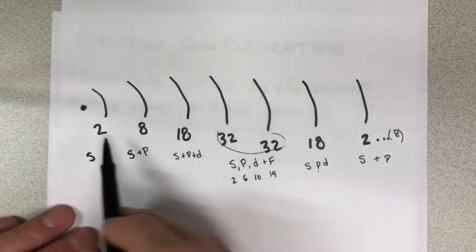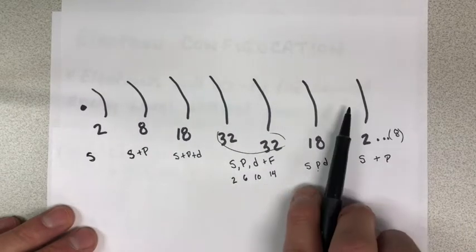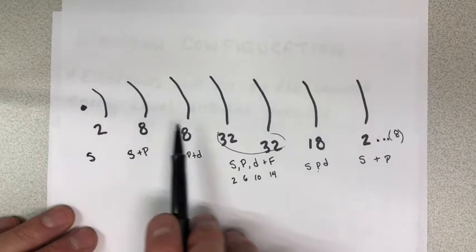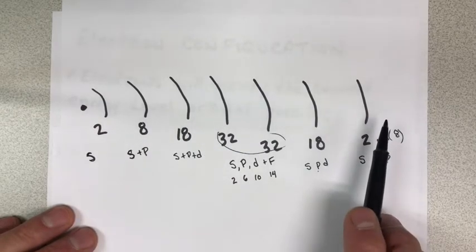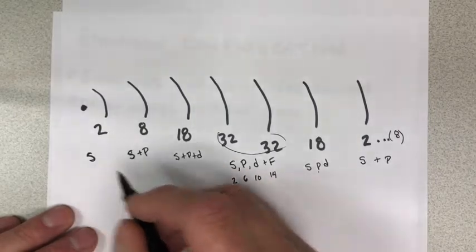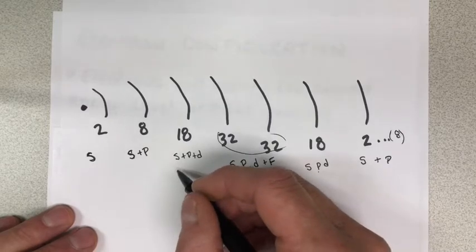But they don't just fill in from the lowest energy level out. That is part of it. We want to fill the lower energy levels first and then move outward, but there's a couple little tricky points to this. And that's because these different sublevels and different orbitals, they have different energies.